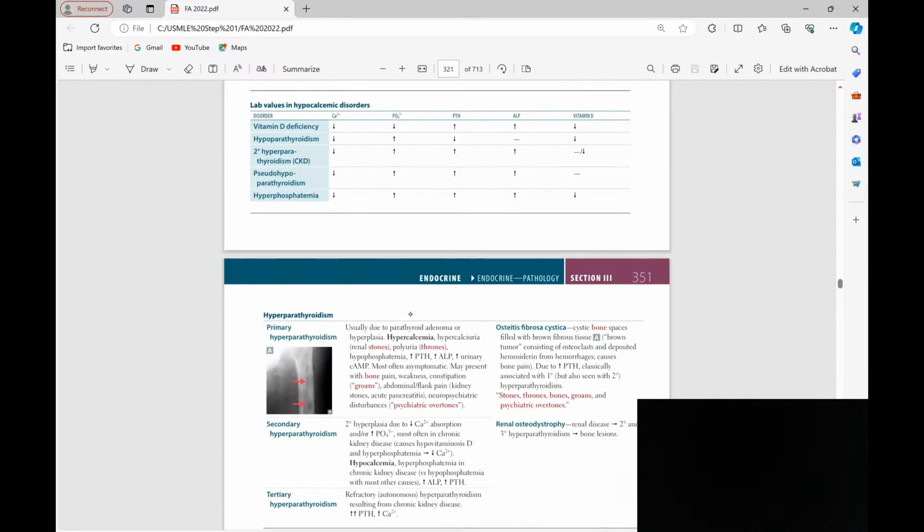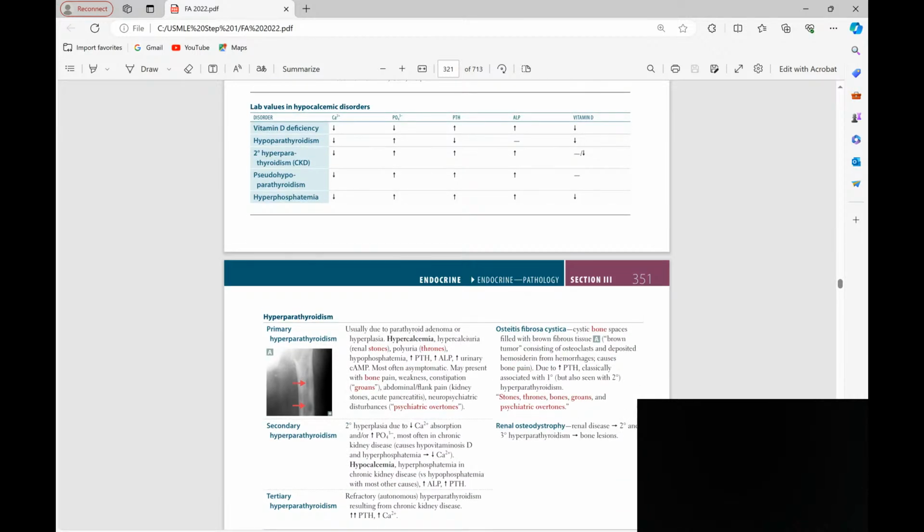There are three types of hyperparathyroidism, so we have four also. Hyper means an increase in anything, so an increase in parathormone. When it is primary, that means there is a pathology in the organ or gland itself. Primary hyperparathyroidism is due to parathyroid adenoma or hyperplasia.